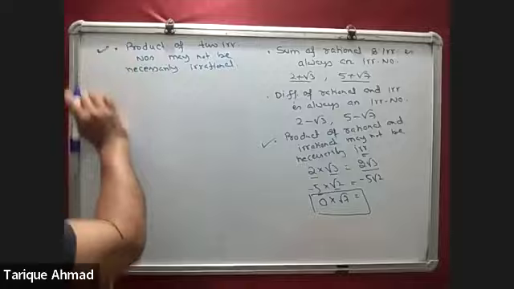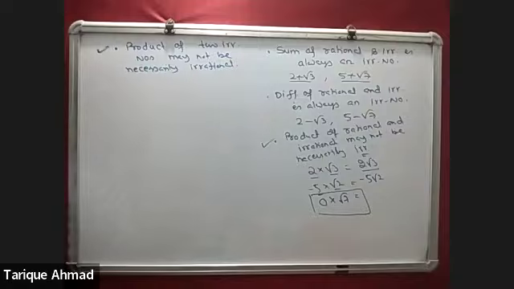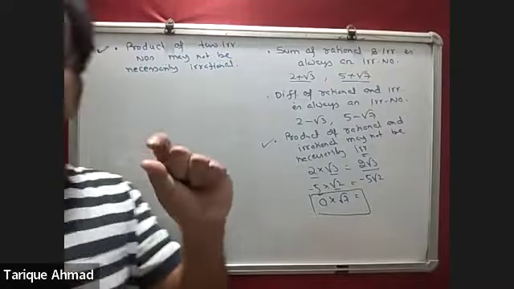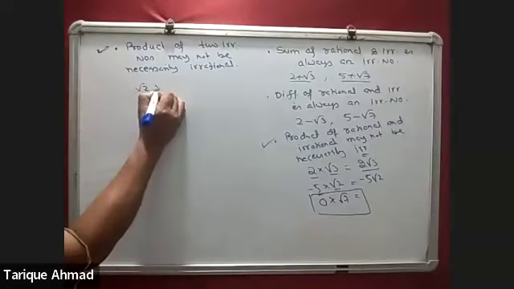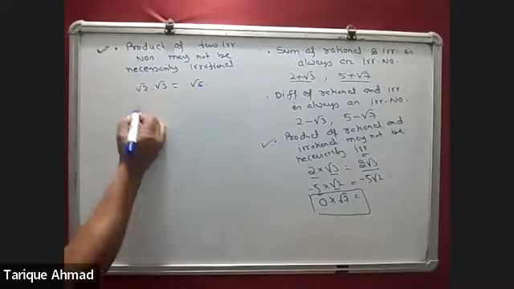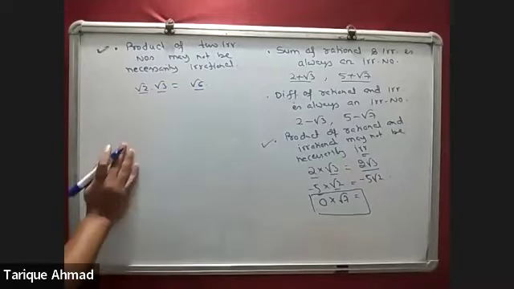See, this is also a property. Now we are going to multiply two irrationals. Root 2 into root 3, we are getting root 6. Irrational, we are getting irrational.